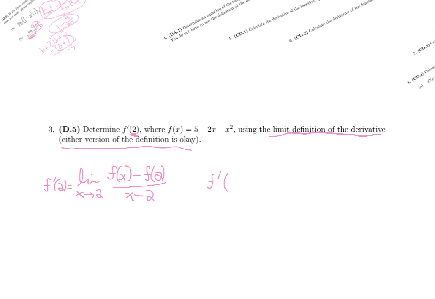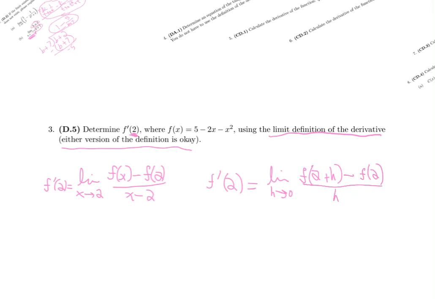Others of you used this definition, limit as h goes to 0 of f of 2 plus h. Remember, usually this 2 here is an a in general. Some of you kind of got confused about, do I put a, do I put 2? You weren't really sure what to do with the 2. So limit as h approaches 0 of f of 2 plus h minus f of 2 all over h.